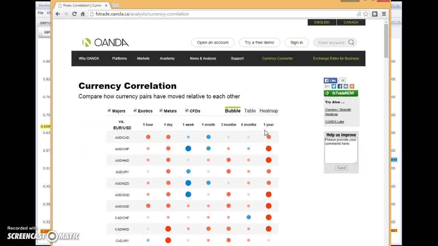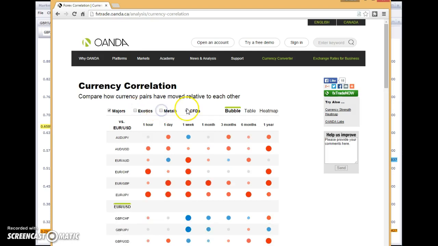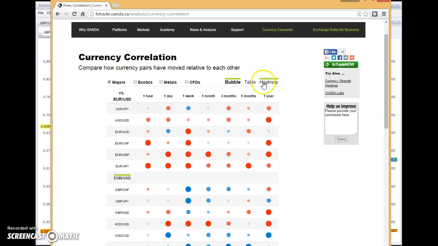Now, the Oanda website, which I'm not endorsing particularly for any trading purpose, I am just really using it for myself. And obviously you can see that there are a lot of things that you can do with this.